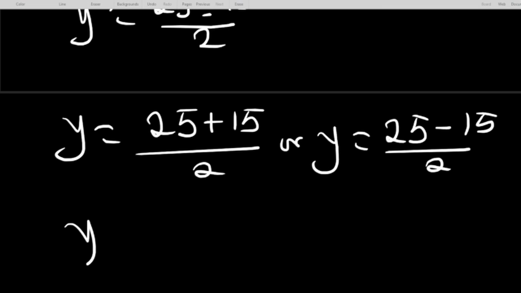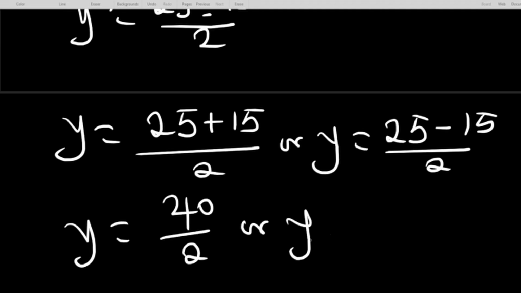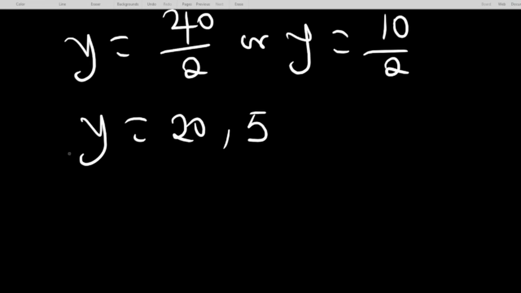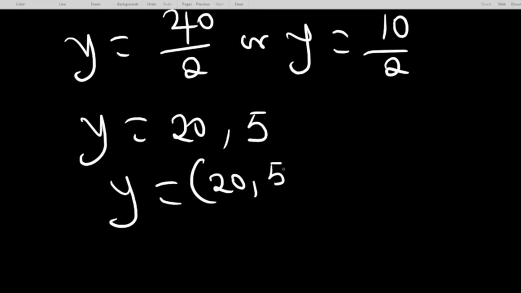Right here we have that y is equal to 40 over 2, or y equals 25 minus 15 is a 10. So we have 10 over 2. Okay, y equals 40 divided by 2 is a 20, comma, 10 divided by 2 is 5. So the two values of y are 20 and 5. So I'm going to put that nicely and say that y equals 20, comma, 5. Okay, so these are the values of y.